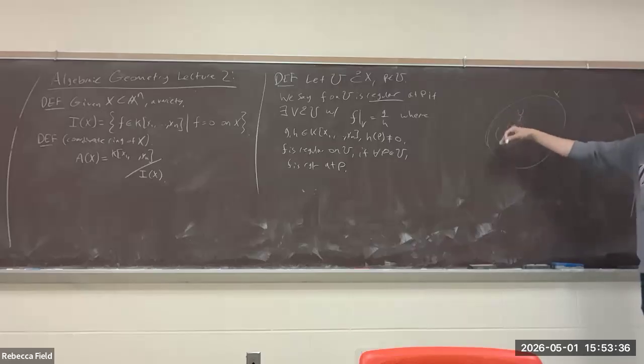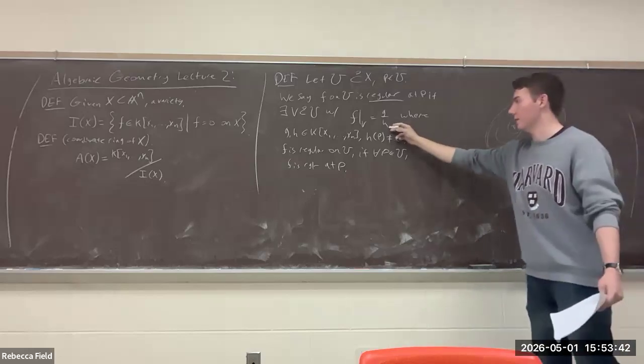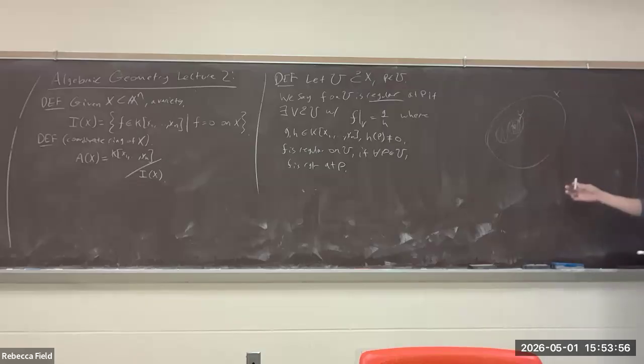If there's some rational form G over H that generalizes across V to have this non-zero denominator at P for all of the P in V, then this is regular. If for every open cover of U exactly contained within U, we get this condition, then it's regular on U. And if for every open covering of our variety this is true, we get all of X.